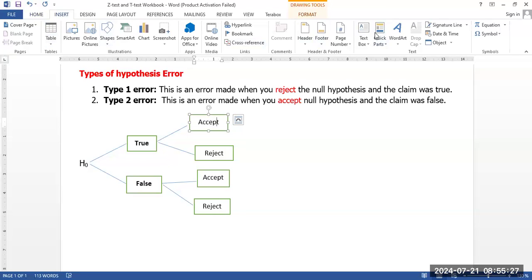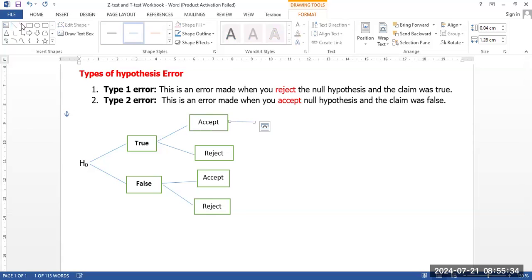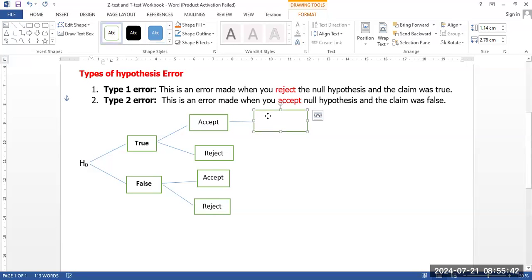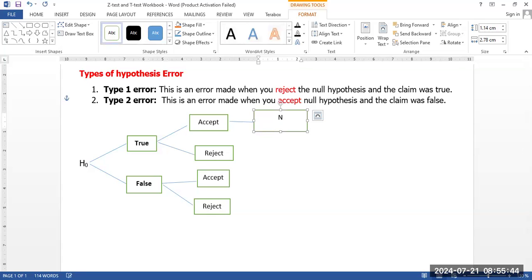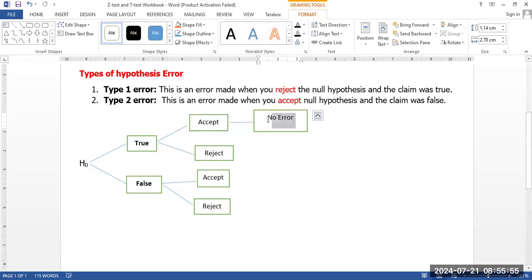No error. At this point, you have made no error. Because what you stated is true and you are accepting. So in such a scenario, no error.